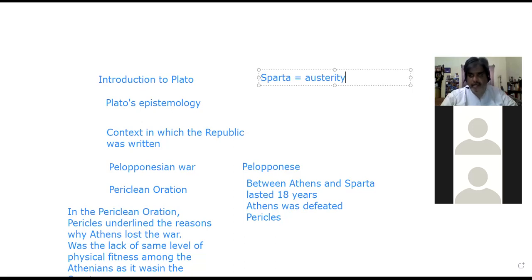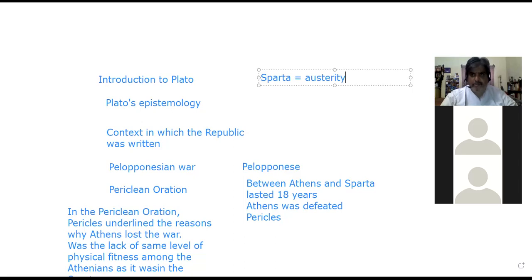And that is what led to the defeat of the Athenians at the hands of the Spartans. So that is what he identified as one of the main reasons.